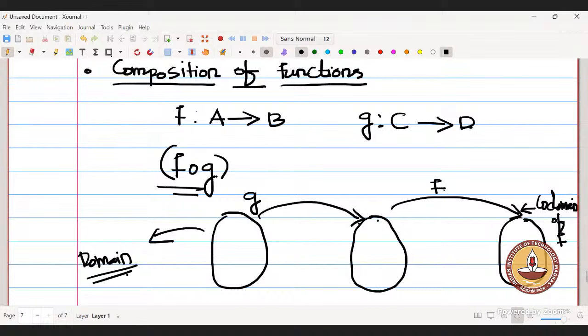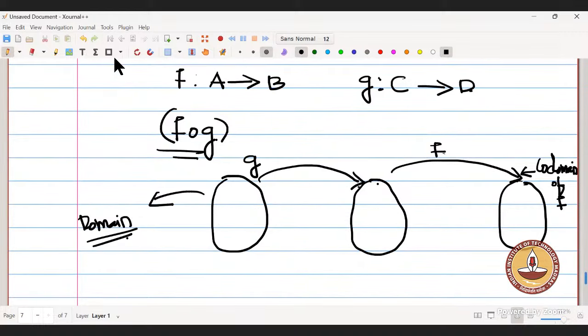I can talk about this composite function when g lands inside the domain of f. If g doesn't land inside the domain of f, then f of g of x doesn't make any sense.